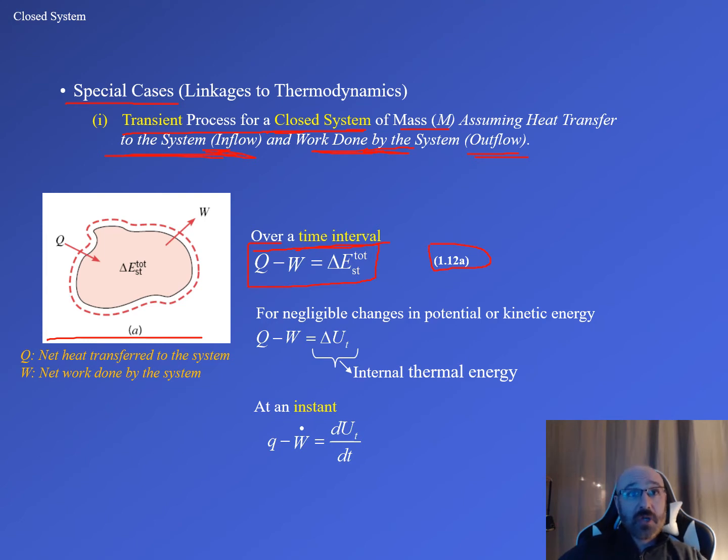Again, our Q is going to be the net heat transferred to the system, and our W is going to be work done by the system. So our W is our outflow, and our Q is our inflow, as related to our definition up above there.